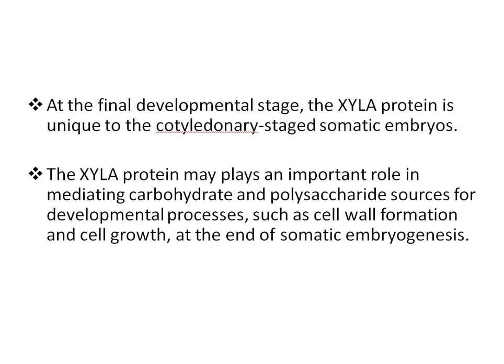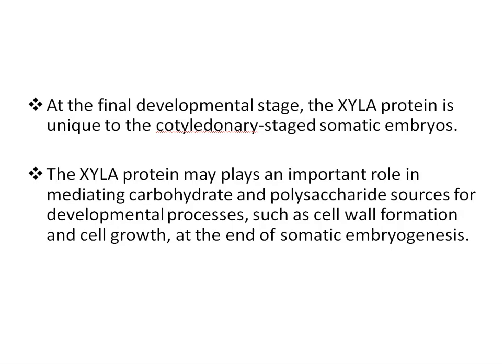At the final developmental stages, XYLA protein was unique to the cotyledonary stage somatic embryos. XYLA catalyzes the isomerization between D-xylose and D-xylulose, which are polysaccharide components of the cell wall of somatic embryo cells. This enzyme has been previously detected in Carica papaya somatic embryos in the cotyledonary stage and during the final step of maturation, and also in sugarcane embryonic calli.